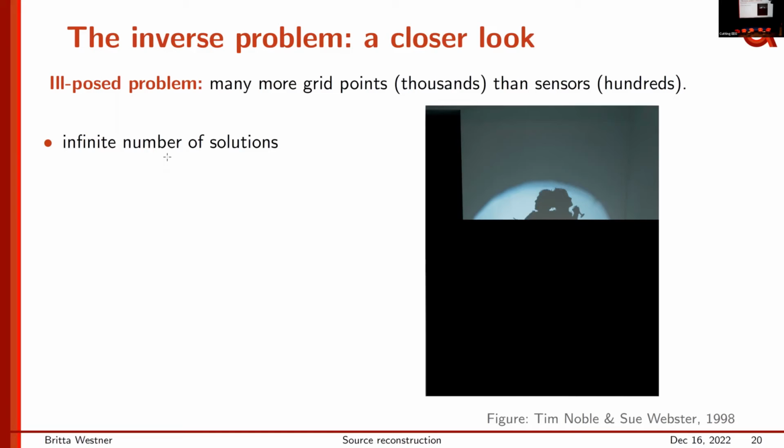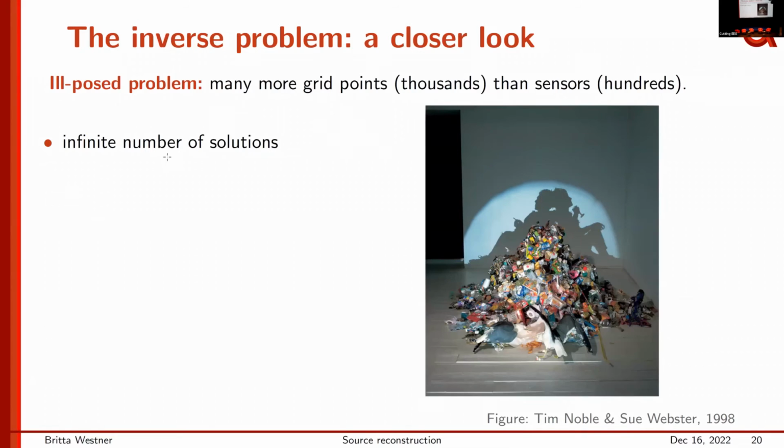It's a projection of a 3D real-life situation onto a 2D surface using light. So we go from 3 dimensions to 2. You might be fooled. Also here, we have an infinite number of solutions of what the source of that shadow might have looked like.